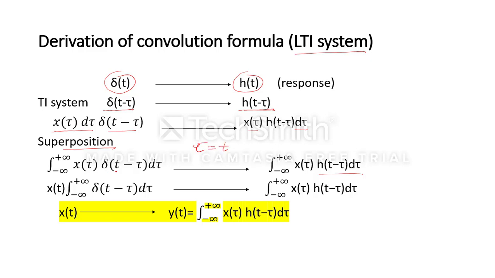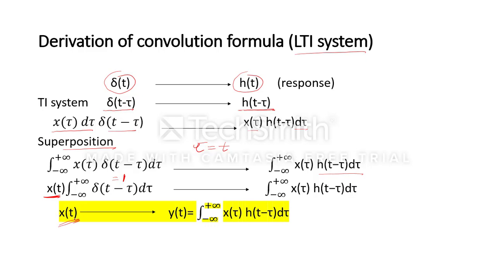Because we are integrating with respect to tau, t is constant. So when you put tau equal to t, it becomes x(t). So x(t) becomes a constant value and we can take it out. We also know that when we integrate the impulse function from minus infinity to infinity, its value becomes 1 only. That's why at the input side we can write only x(t).